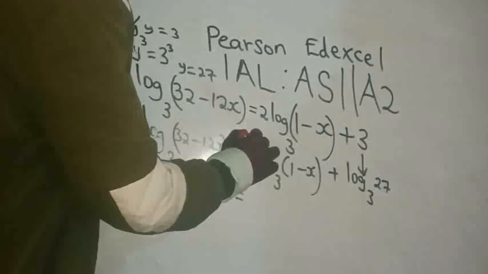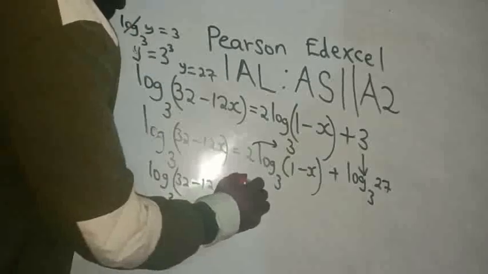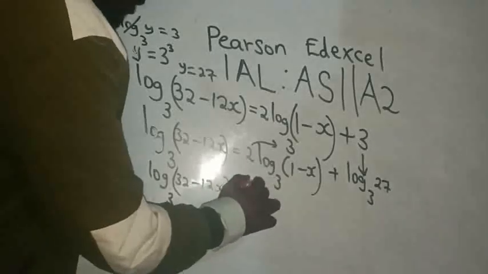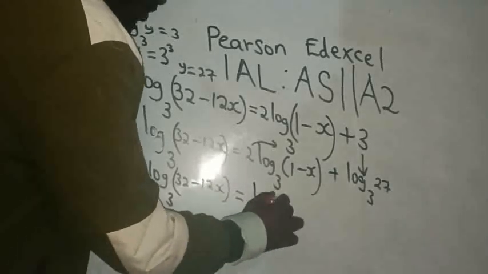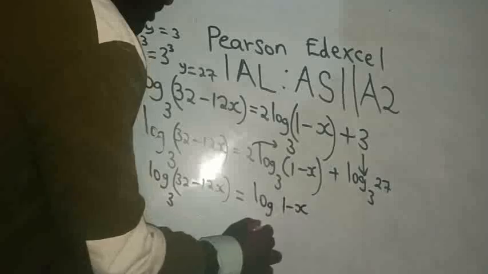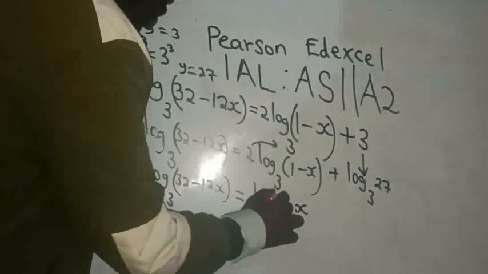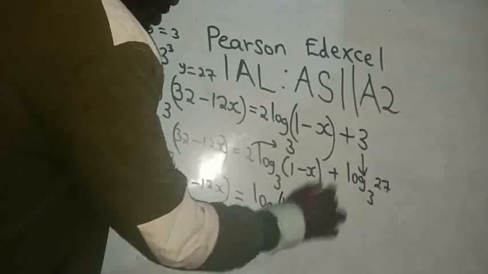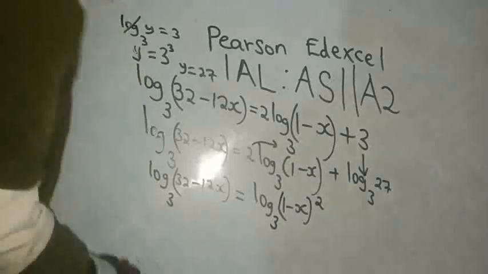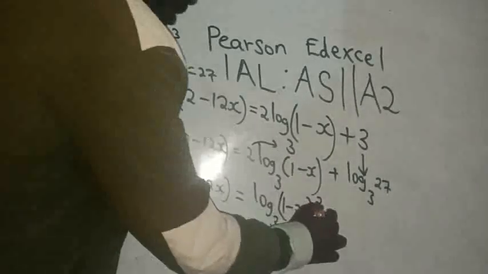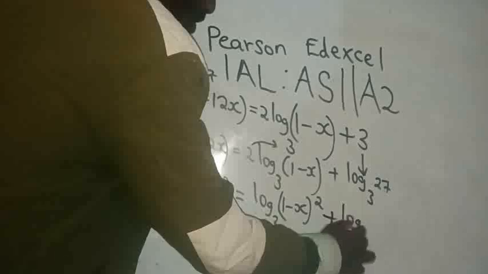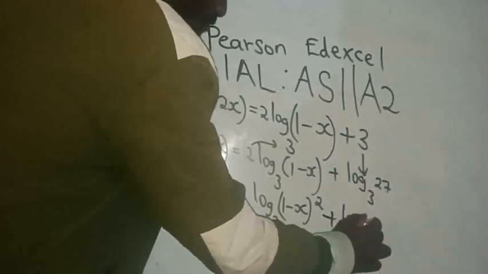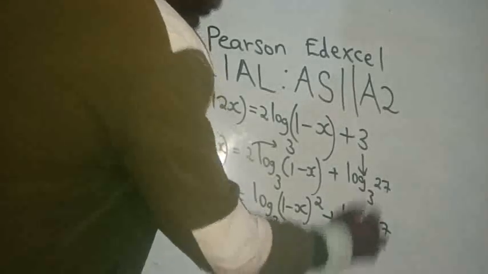So 2 is taken back and serves as a power. We shall have log of (1 minus x) squared, to base 3, then plus log of 27 to base 3.